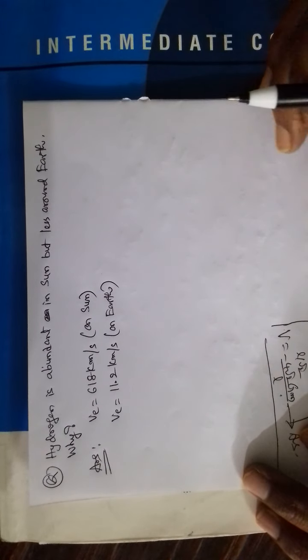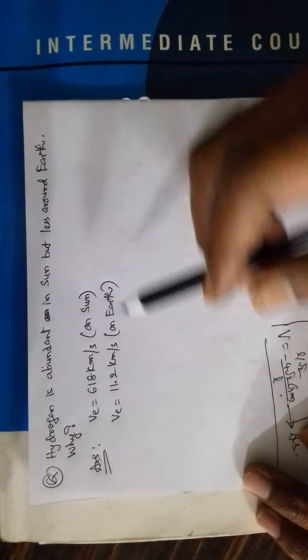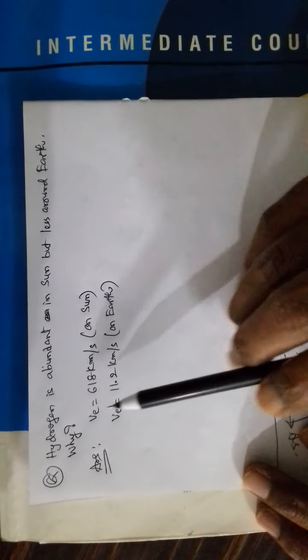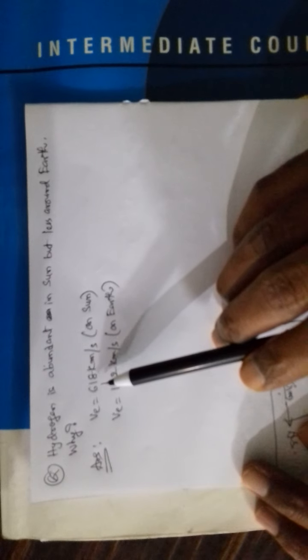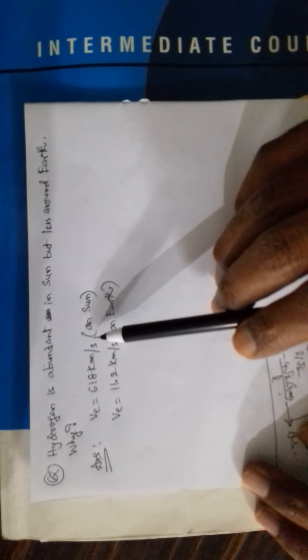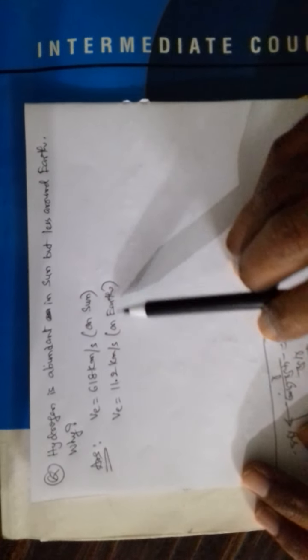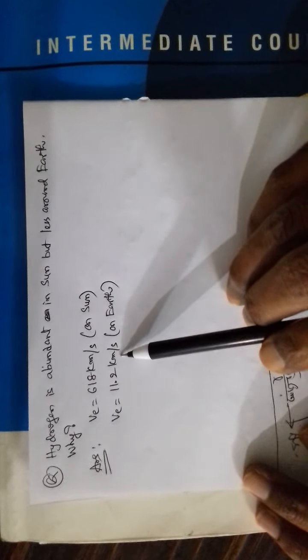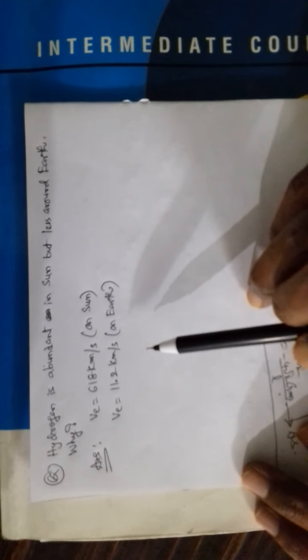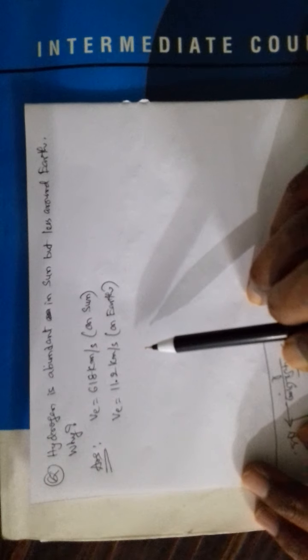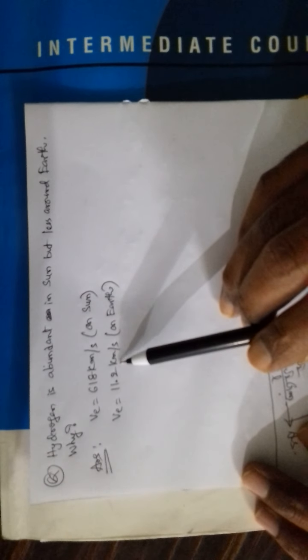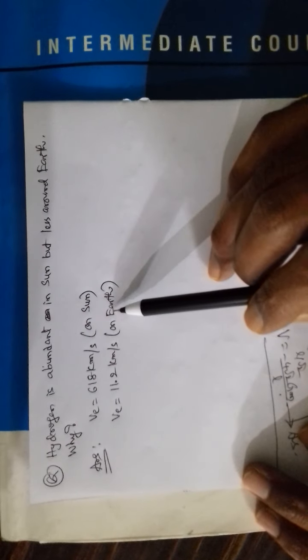Hydrogen is abundant in the sun but less around earth. Why? See, on the sun, escape velocity is 618 km per second, whereas on earth only 11.2 km per second. Hydrogen is a very light gas, so this much velocity can be easily acquired by it, so a lot of hydrogen left earth.